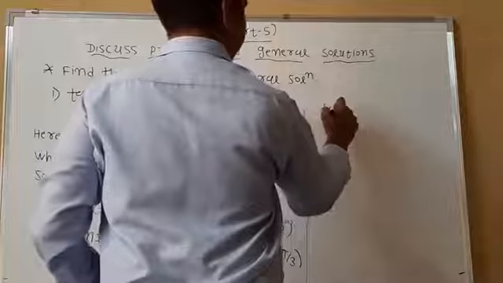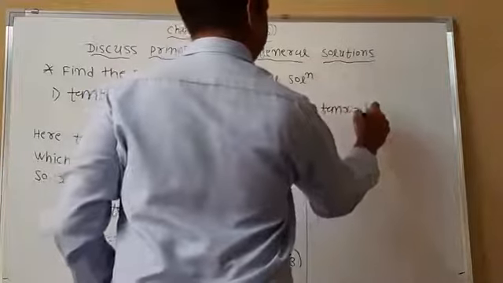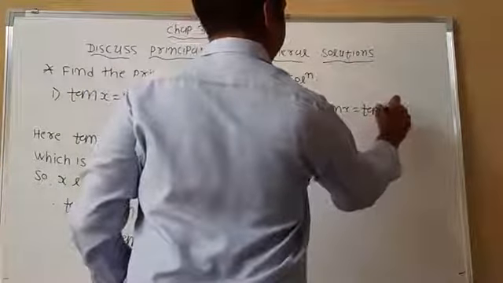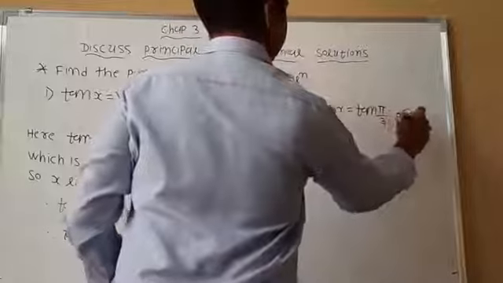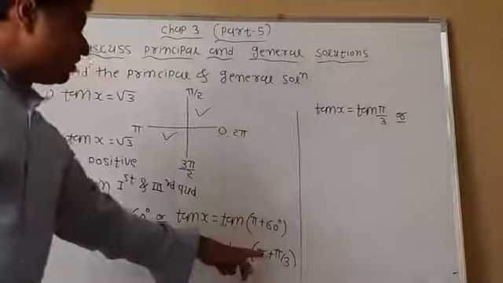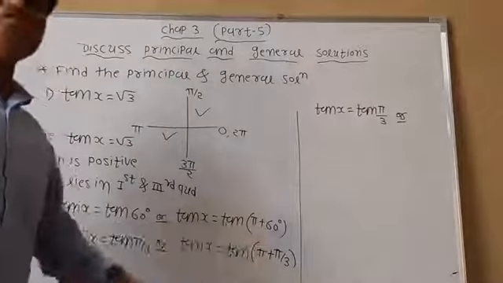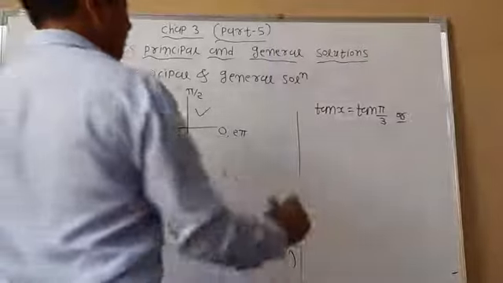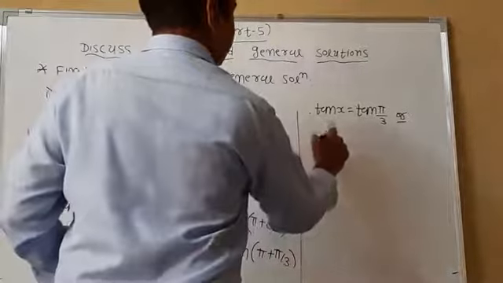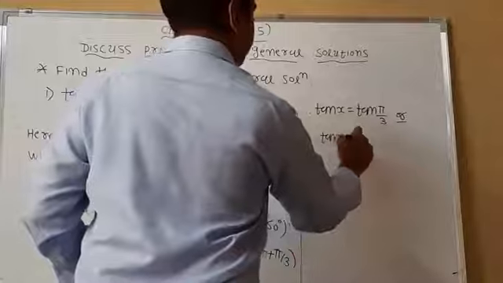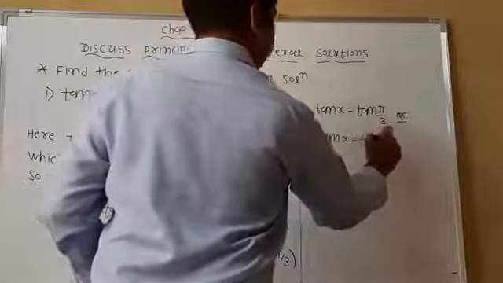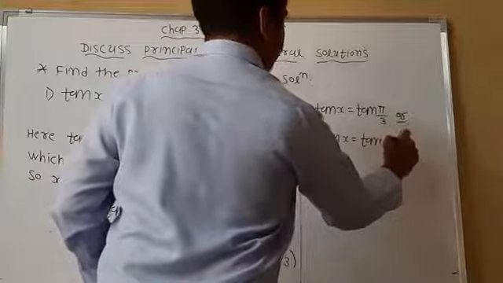Therefore 10x is equal to 10 pi by 3, or another value here, take LCM, so 3 pi plus pi, that means 4 pi by 3. So another value, 10x is equal to 10 4 pi by 3.